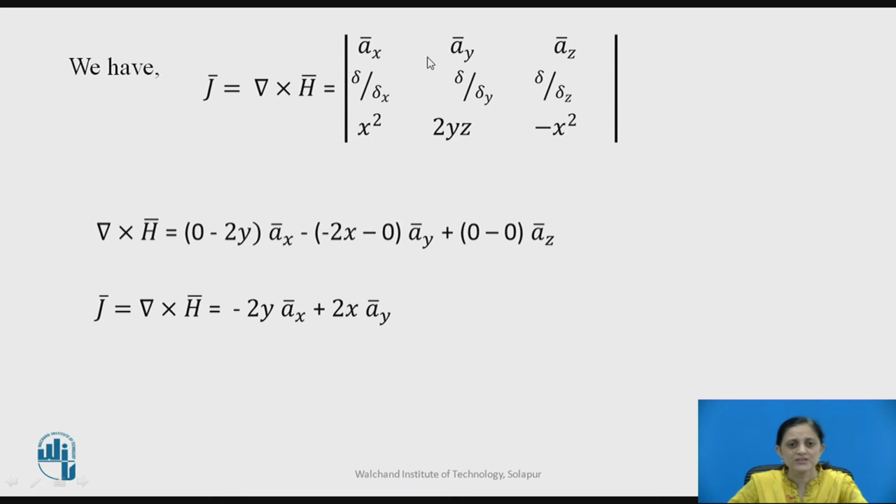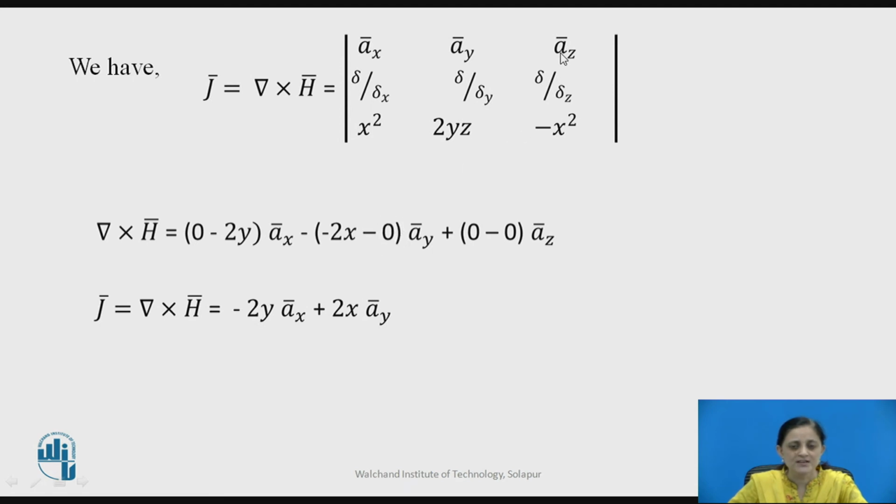Now by solving that determinant, you are getting 0 minus 2y a bar x minus of minus 2x minus 0 a bar y. So dou by dou x of x square minus dou by dou z of x square. Here there is no term with respect to z, and therefore this second derivative becomes equal to 0.